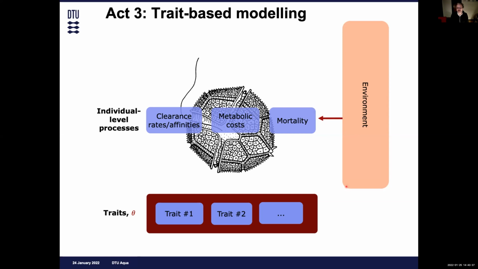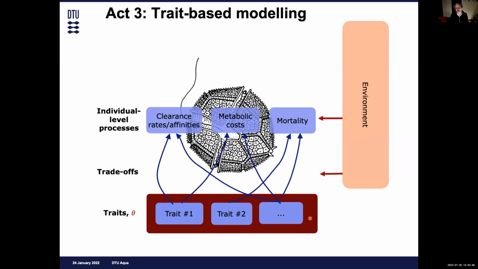Trait-based models are essentially the same. The core is exactly the same here. We have processes that are affected by the environment, but what we have is the abstract layer of the traits that we have selected. And the trick here is then to say, well, given these traits, I need to be able to specify all the parameters of the processes here, and perhaps how these associations are determined by the environment, which means that any kind of organism with a certain trait combination will have a certain set of parameters.